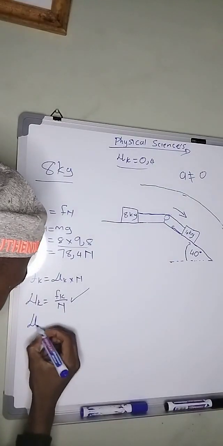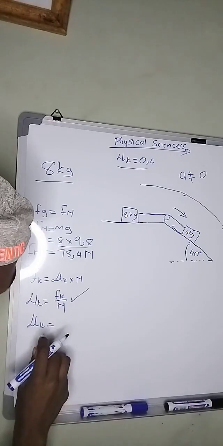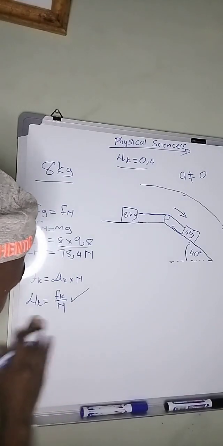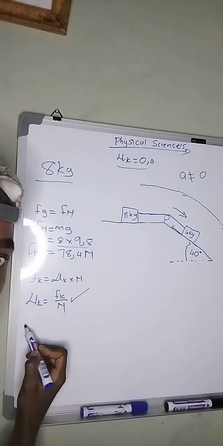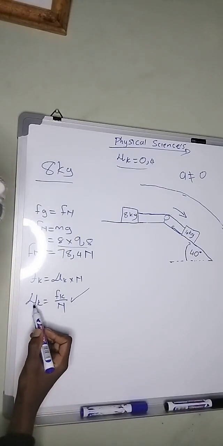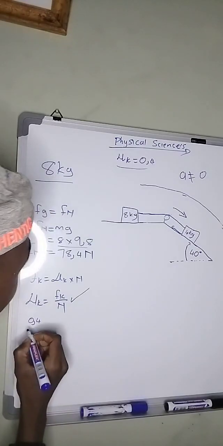So, μk is going to be what? What is it that I'm going to substitute my μk with? Thank you. Here it is going to be 0,4.